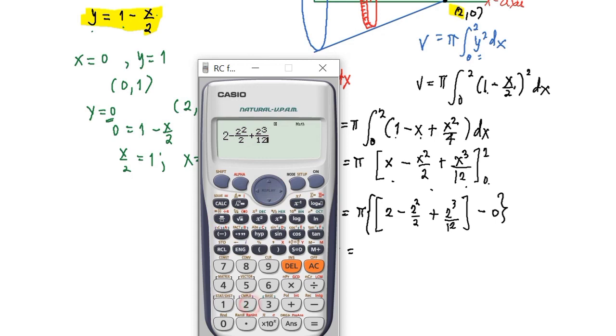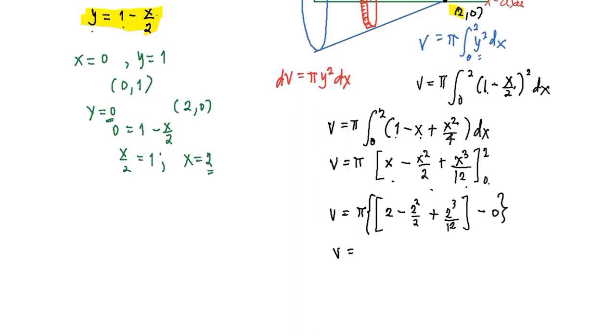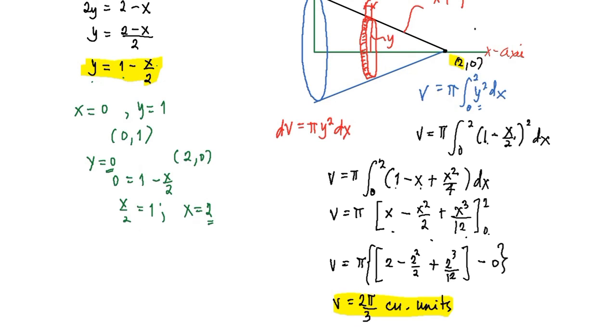And this is equal to 2/3. So, since may pi tayo dito, we have here 2 pi over 3. Since this is volume, this is cubic units. And this is now our answer.